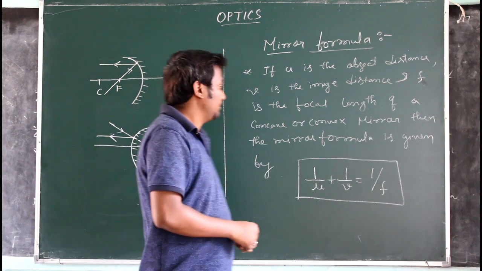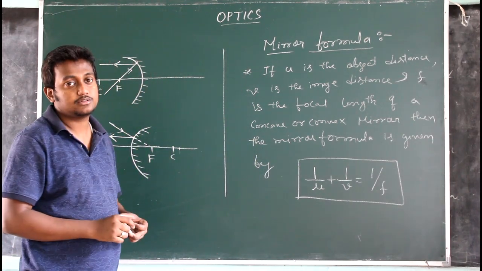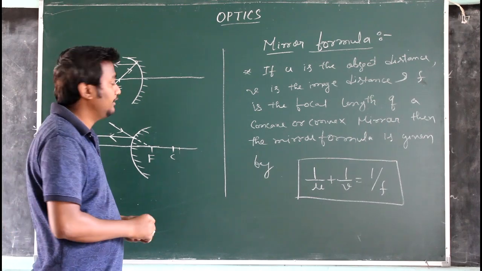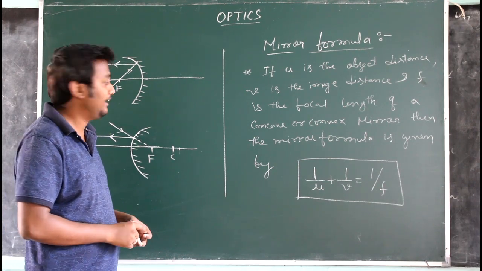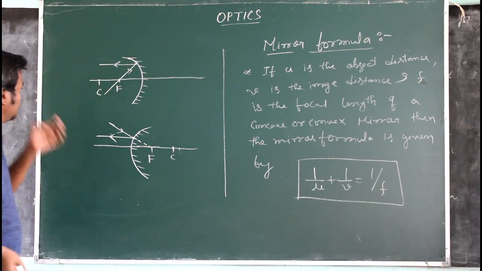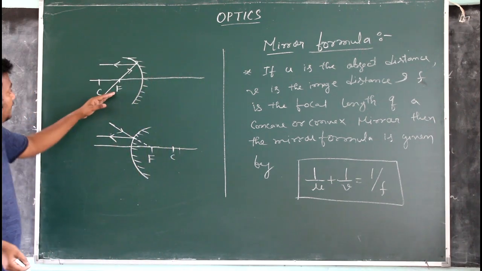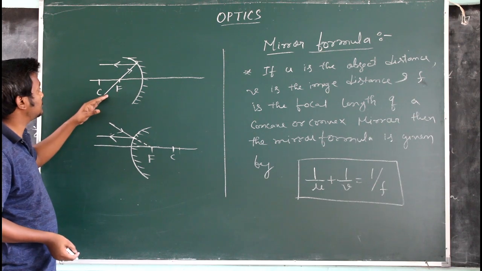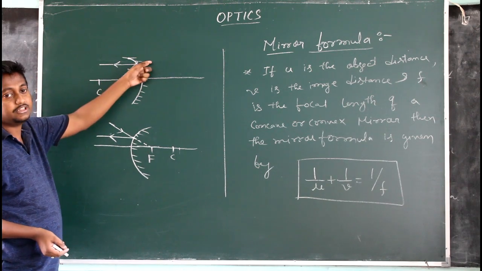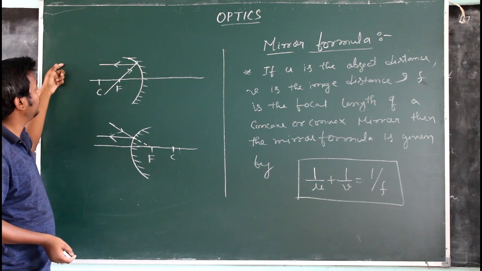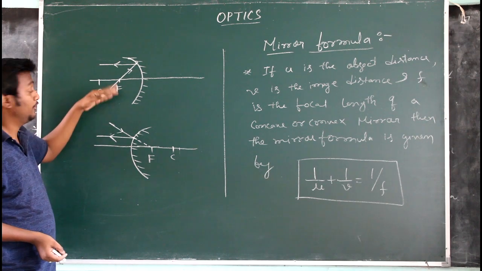Hello students, in my last lecture I discussed the different rules of the ray followed by the concave and convex mirror. So I left one rule. First of all, I discussed that rule: the ray which passes through the focus, after reflection, will reflect back along the direction parallel to the principal axis, in the case of concave mirror.